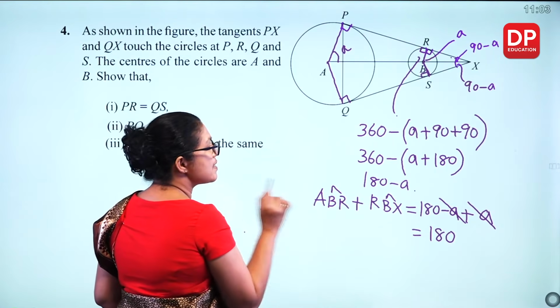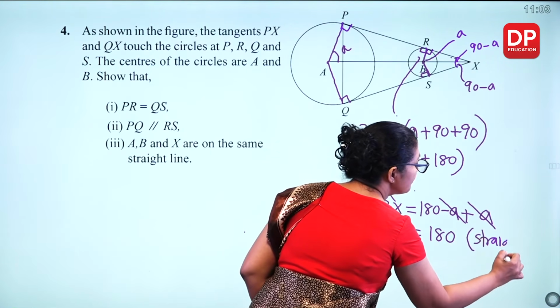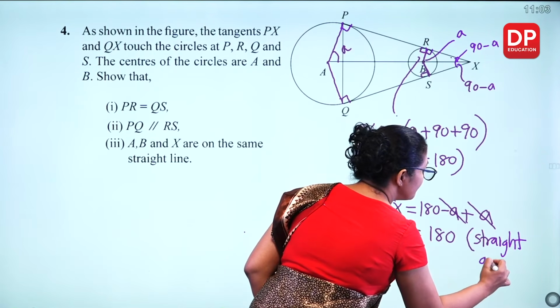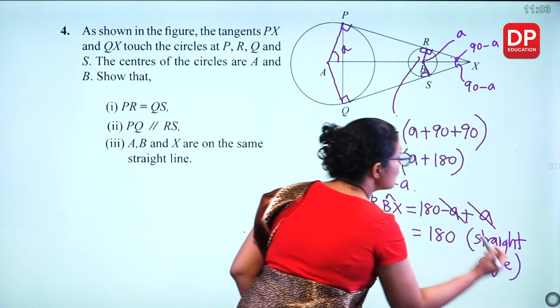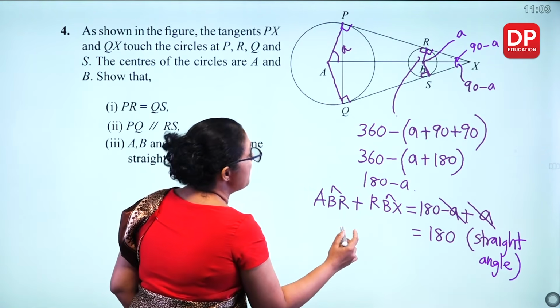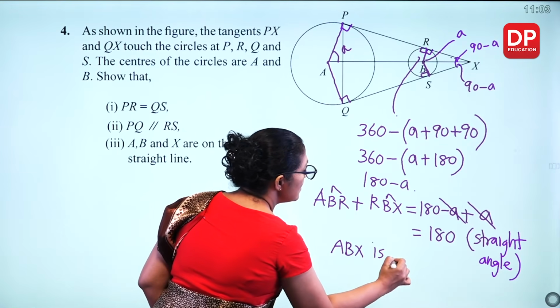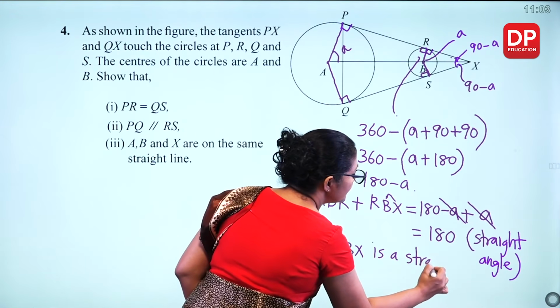So this is 180, which means straight angle. So straight angle means ABX is a straight line.